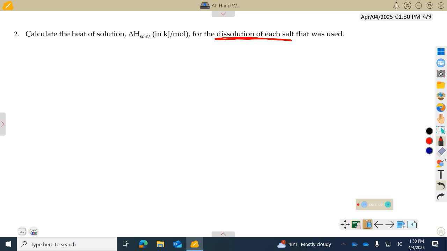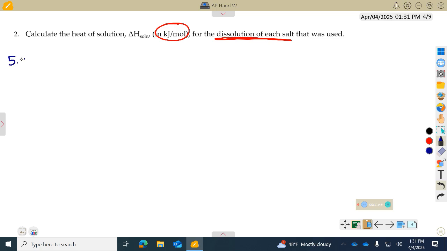So now we're going to calculate an energy change in reference to the dissolving reaction of the salts. Notice now that they want this in units of kilojoules per mole. Well, first thing I got to do then is calculate moles. I can easily switch joules to kilojoules, but I got to get these out of grams into moles.